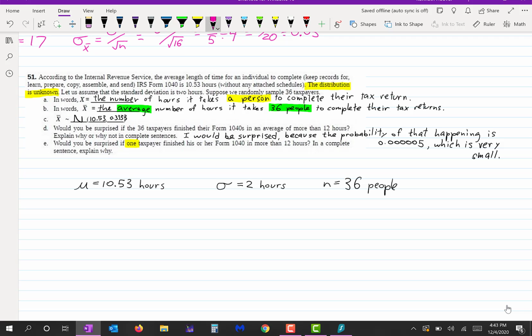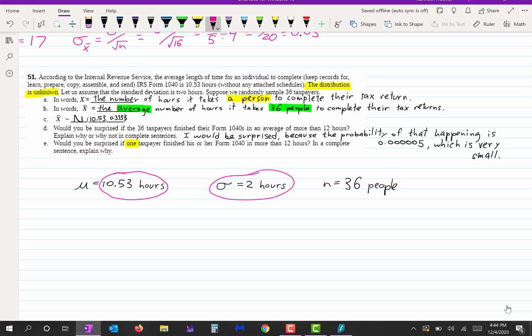The average for one person is about 10.5 hours. The standard deviation is 2. So 12 hours is less than 1 standard deviation away from the mean.